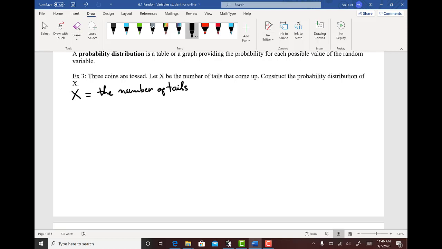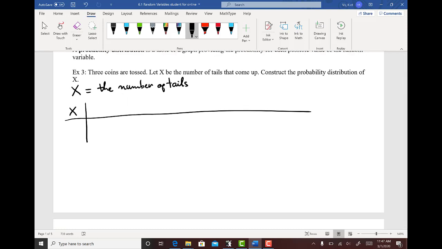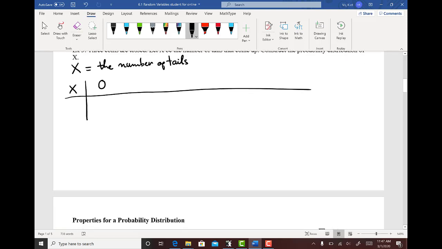So one possible outcome for this would be zero tails. Let's see how I'm going to draw my probability distribution. This is one way to do it. You could have zero tails, and that's one possible outcome, because if you toss 3 coins and the outcome is head, head, head, that means you get 0 tails.